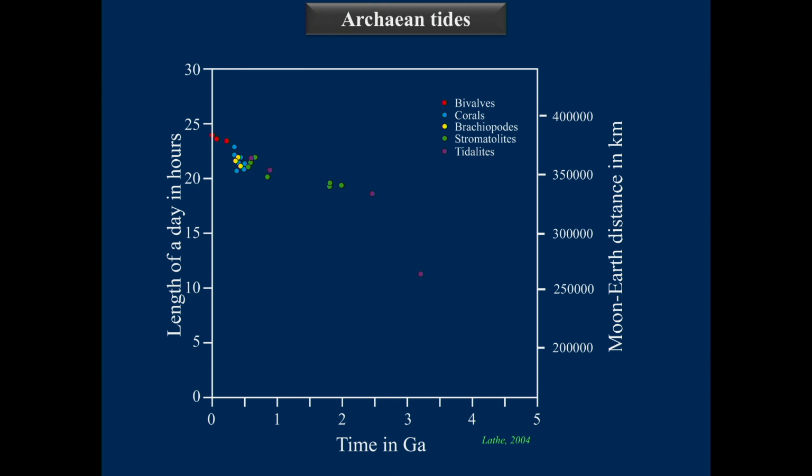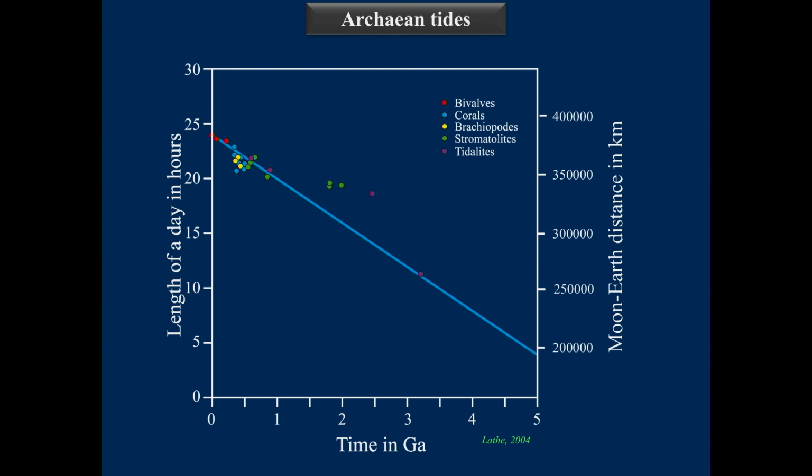And of course, it was possible to draw a line. It would have been possible also to draw this one. But obviously, it is clear that the length of the day was shorter during the Archaean than it is today. And this is due to the fact that the moon was closer to the Earth.